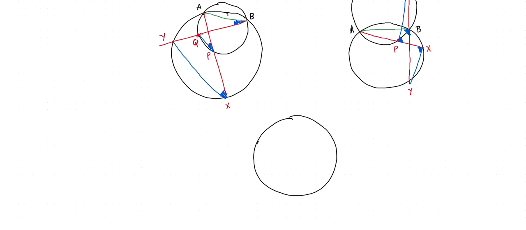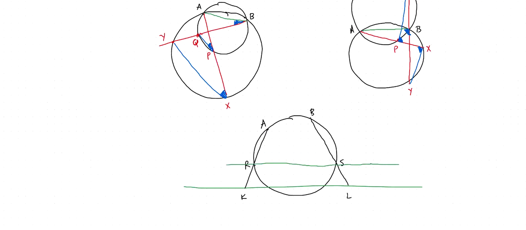Just 4 cyclic points, A, B, R, S. And there is just some line, which is some green line, which is parallel to RS. AR intersects this at K. BS intersects it at L. It's better to call them R and S. Here ABKL is cyclic.